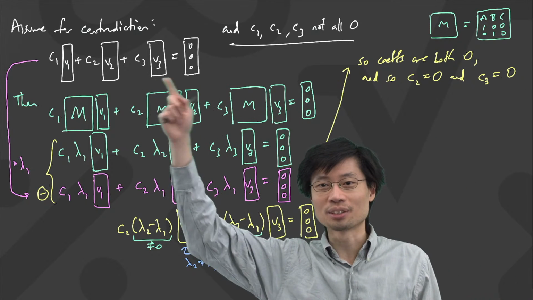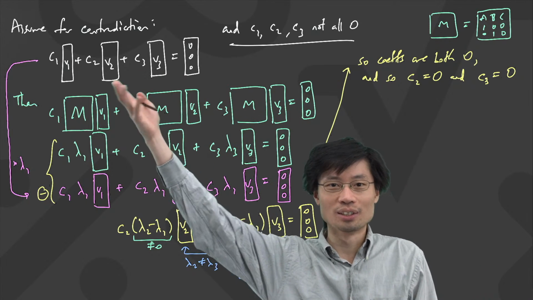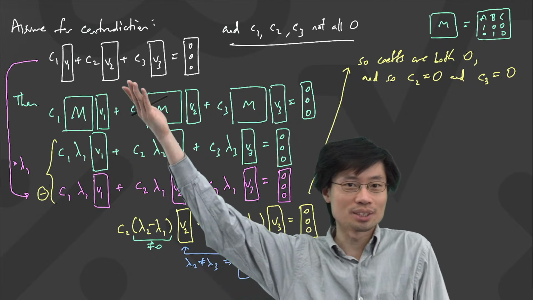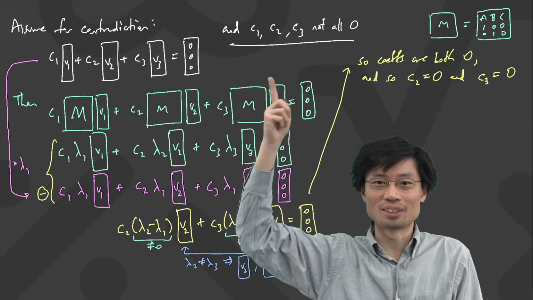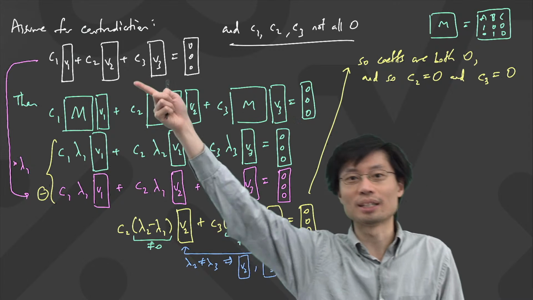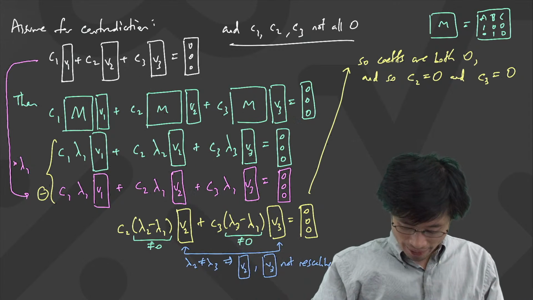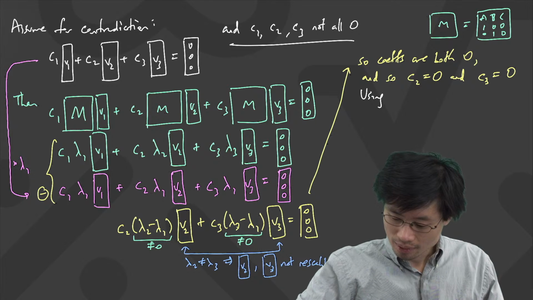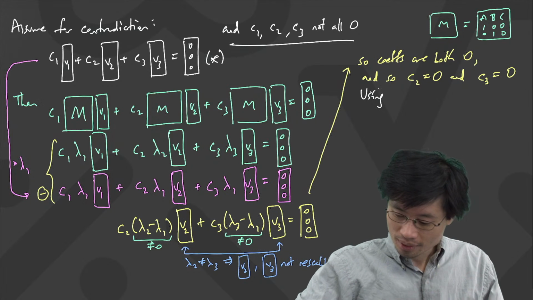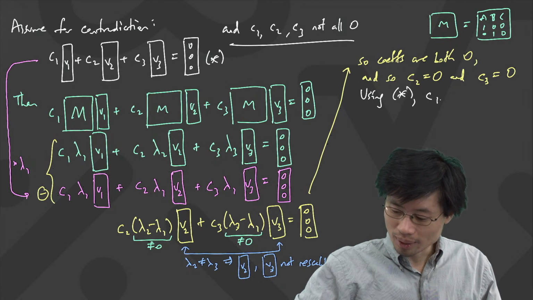If I go back to the first equation, C2 is 0, C3 is 0, so C1 times some vector, which is not all zeros, is equal to the all zeros. That tells you that C1 is 0 as well. So back from the original equation, using the star, C1 is equal to 0 also, contradiction.